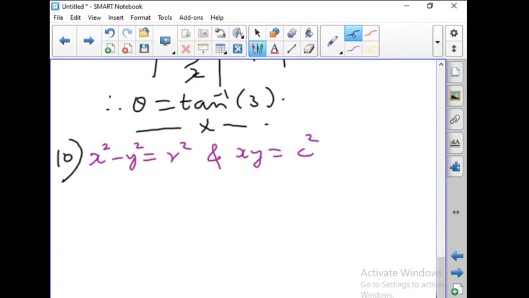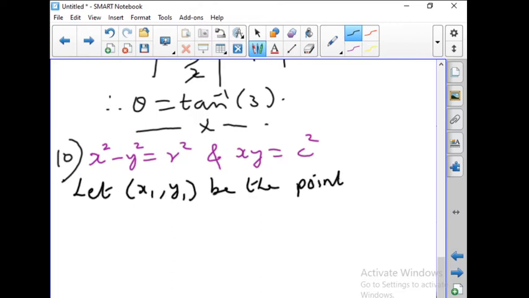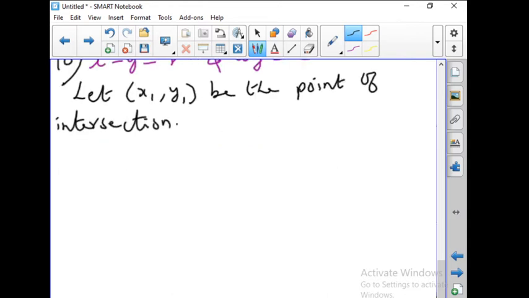So here, let x1 comma y1 be the point of intersection. So consider the first curve, x square minus y square is equal to r square.